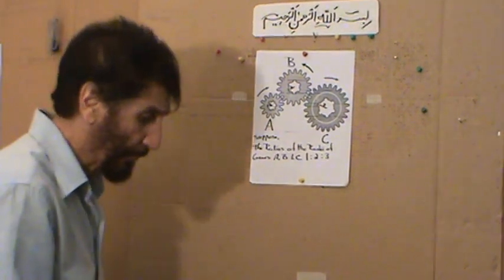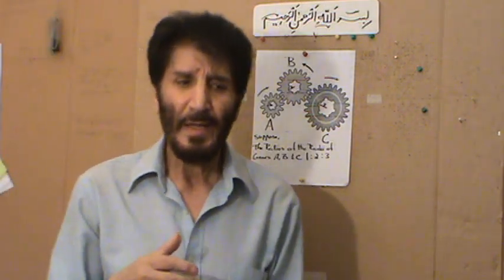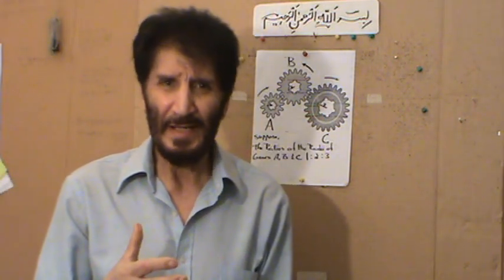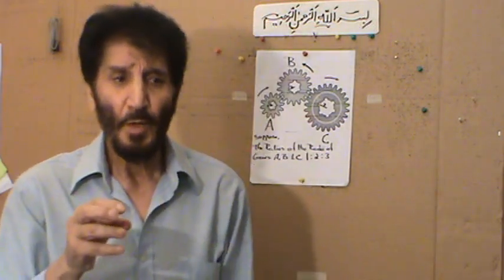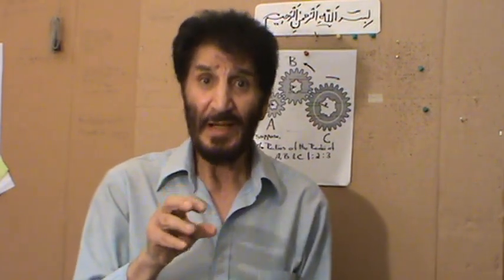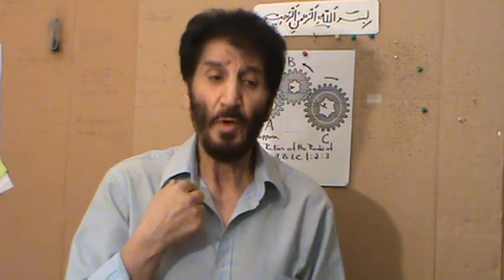Now, this also has a good mechanical engineering application, because if you want two gear trains to rotate in the same direction, clockwise or counterclockwise, you need to put a third one in between, as the picture indicates.